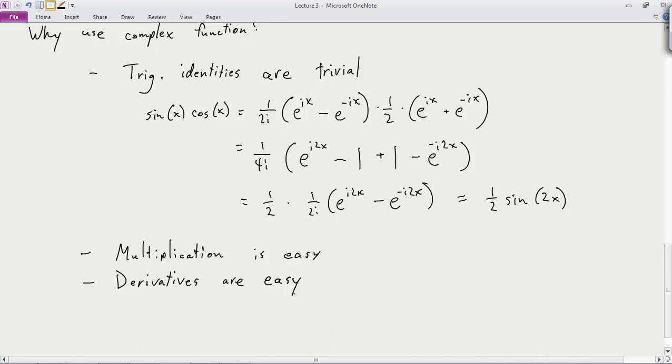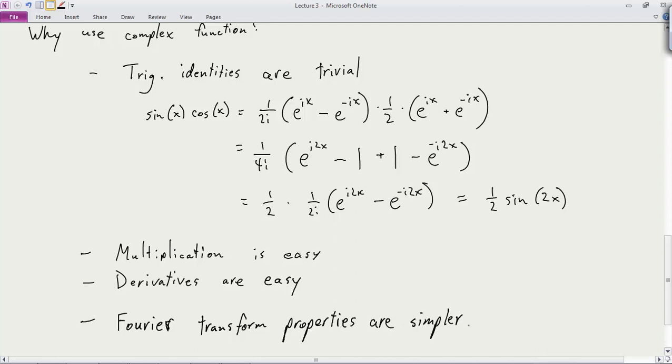Okay, but also Fourier transform properties are simpler. This is the best part.